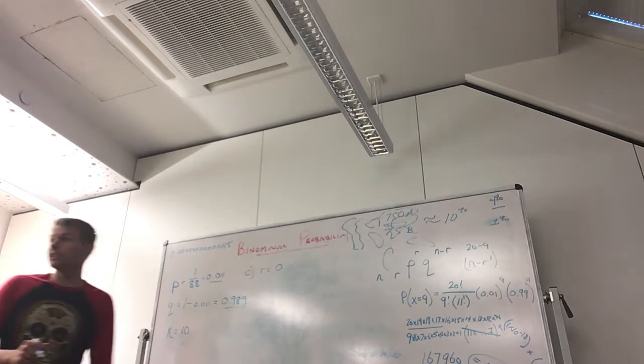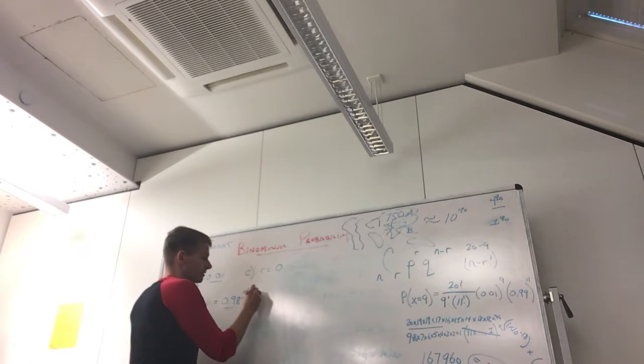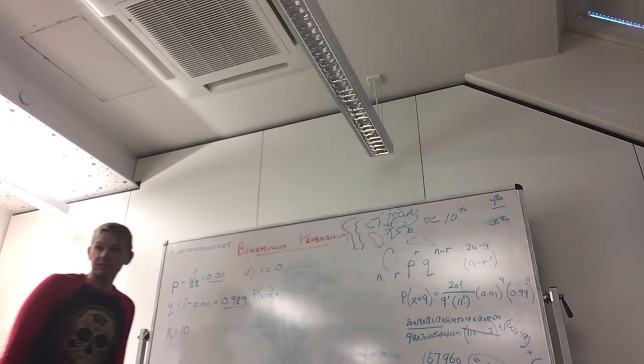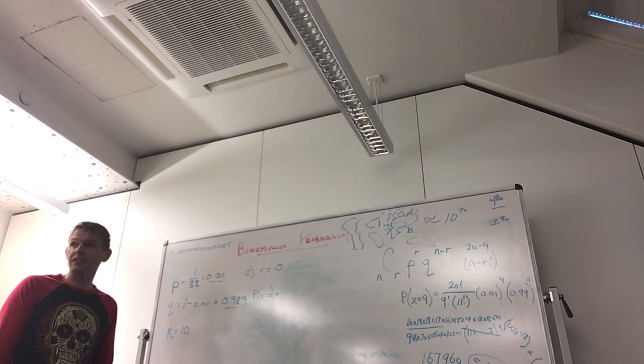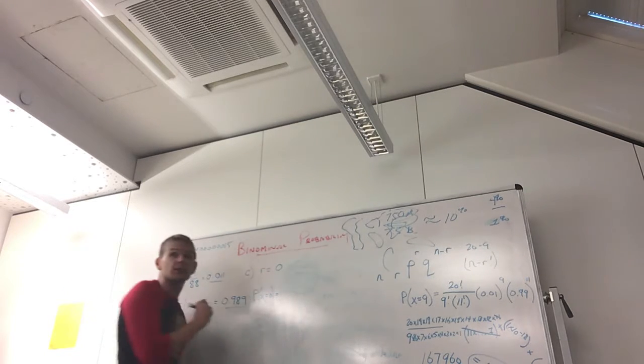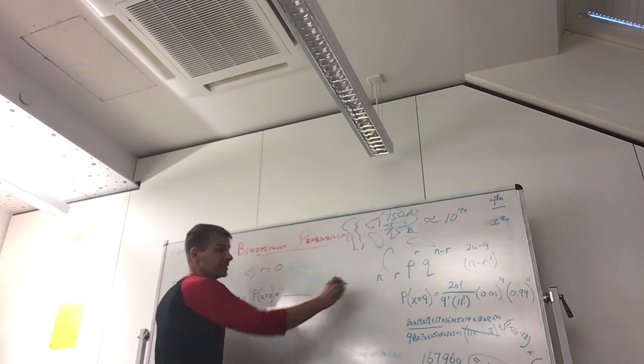Okay. So we're going to set up the equation. P of X equals 0. Up first is the 0.011. What? No, sorry, it's 10. Well, first we've got to set the combination, right?